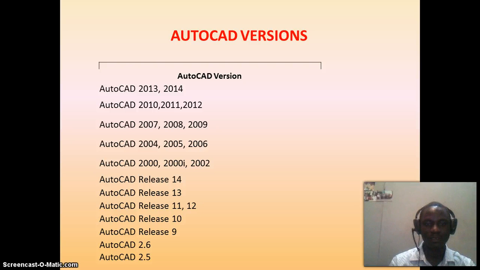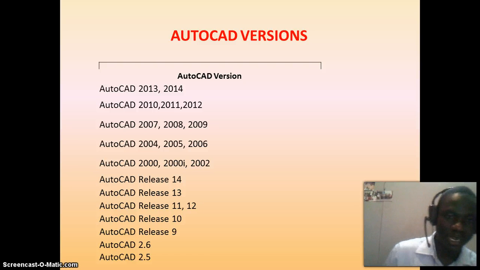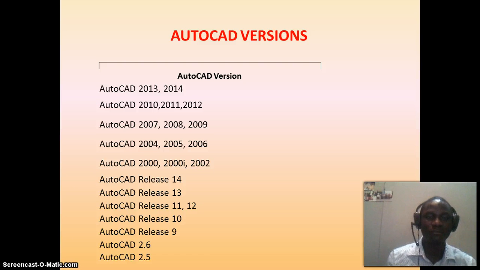AutoCAD made a sharp change from 2006 to 2007. There is a significant change there. I always recommend 2010 and above because there is another significant change between 2009 and 2010. But actually it is recommended we use the latest version, which is 2014, as at the time of this recording.